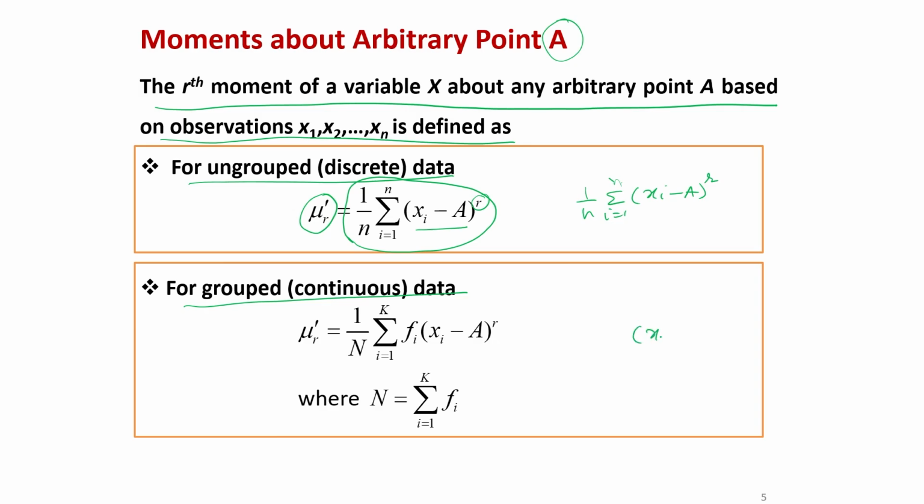I will take these deviations xi minus A, take the rth power, and then find its arithmetic mean: summation i goes from 1 to k, fi times (xi minus A) raised to the power of r, divided by capital N, which is the sum of all the absolute frequencies. Because this is the rth moment, we also denote it as mu r prime. So this is the rth moment about any arbitrary point capital A.